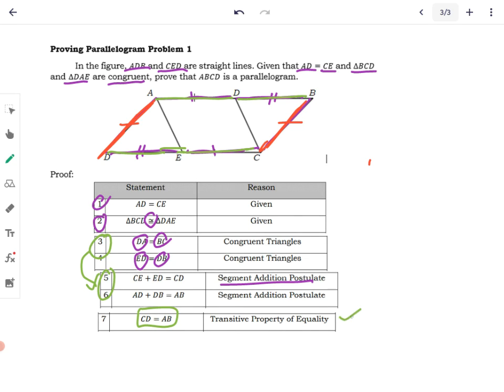What's the reason? Transitive property of equality. What does it mean? If A equals B and another quantity B equals C, then A equals C. That's common sense, right?